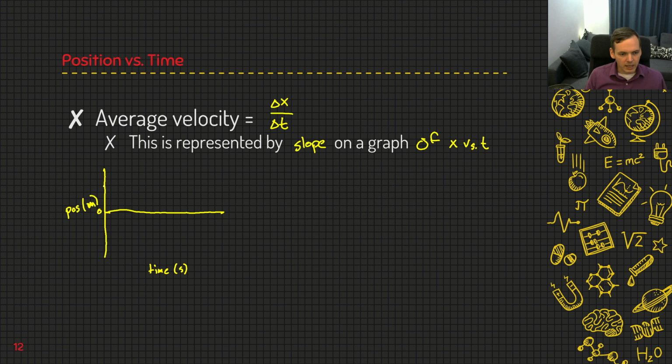So now let's come back and let's imagine we throw some information here. So a real basic shape just like this. So what do we see here? Well, first, this first part, we see that the object is staying in the same position over time. In other words, it's not moving.